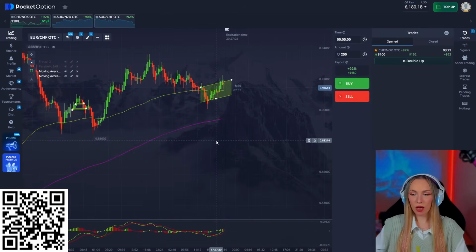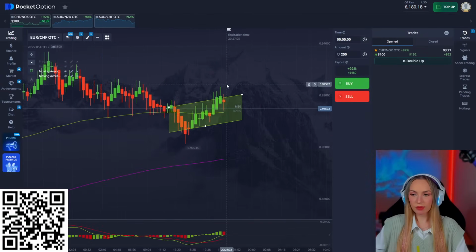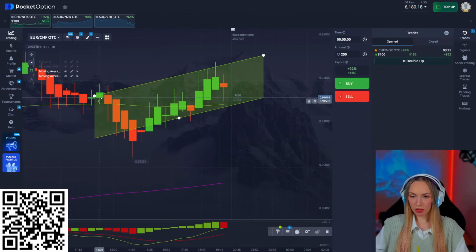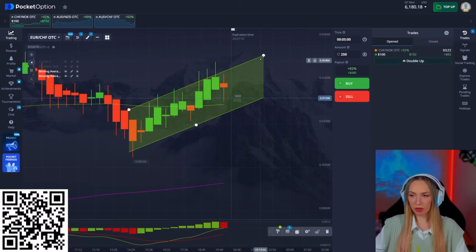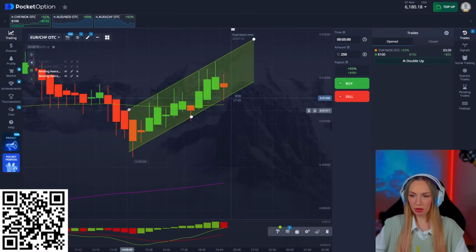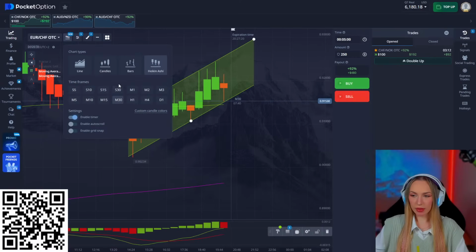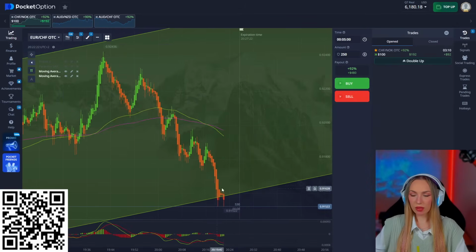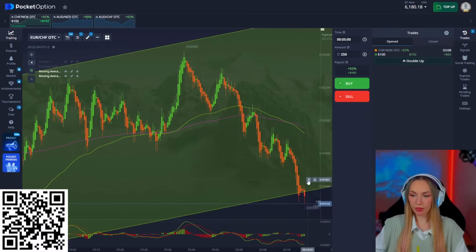Euro CHF. I don't remember what this channel is that I put here, or maybe it's Pocket Option which is glitching, I don't know. But it looks like right now it's right on the support.